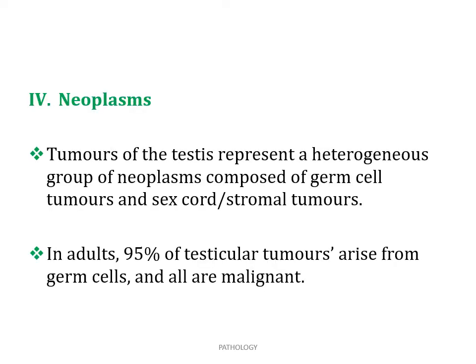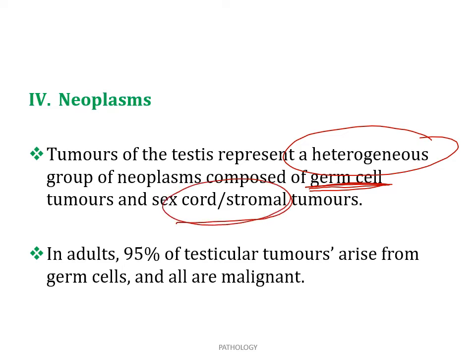Coming to the category of neoplasia, we say tumors of the testes represent a heterogeneous group of neoplasia. Heterogeneous means having a mixture of cells composed of germ cells, of course, germ cells are cells of reproduction, and the sex cord or stroma. These are supporting structures.